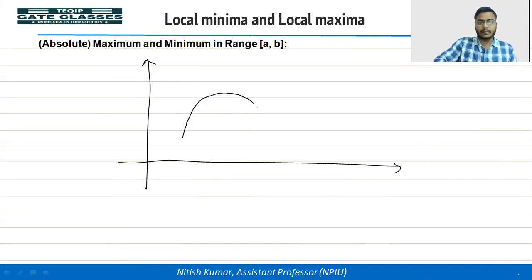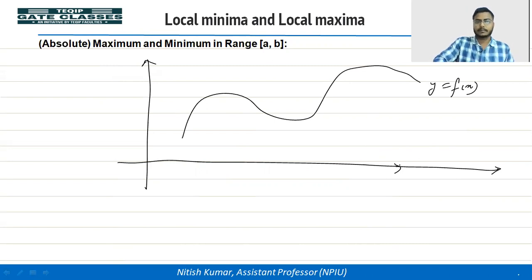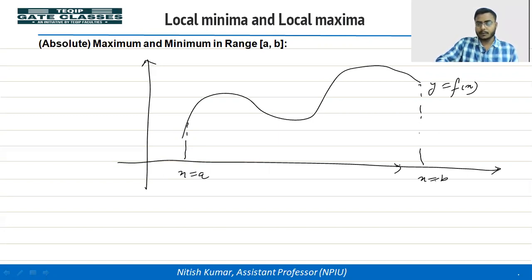Suppose this is a function of x. At this point, suppose this is x is equal to a, and somewhere here, this is x is equal to b. Okay.